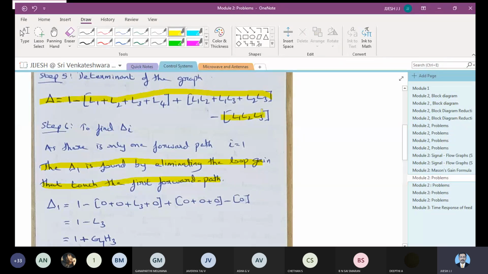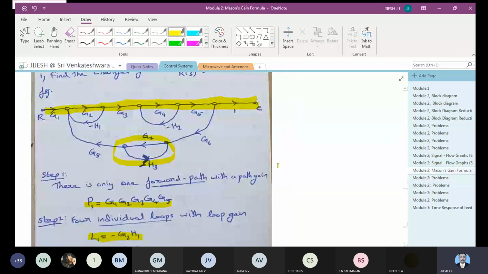This loop is in contact with the forward path, remove it. This loop is in contact with the forward path, remove it. This loop is in contact with the forward path, remove it. Only the loop left is this one, which has no contact with the forward path.